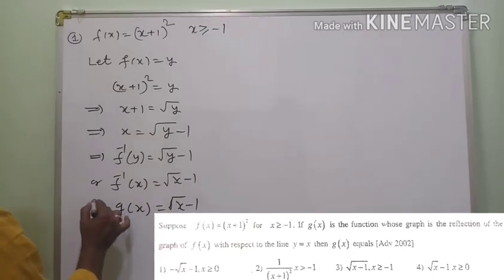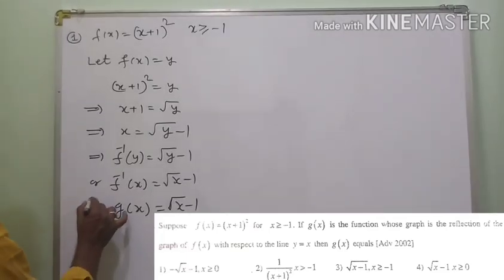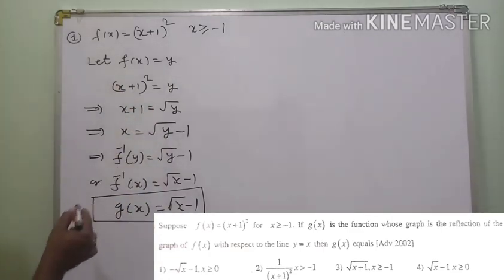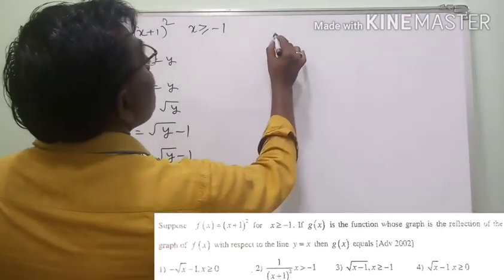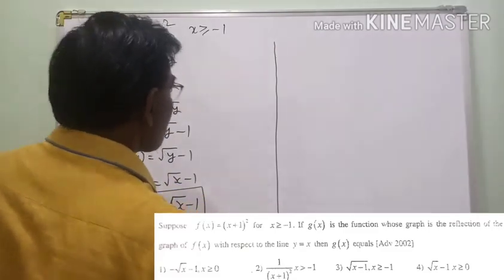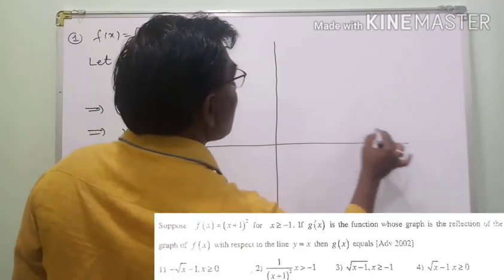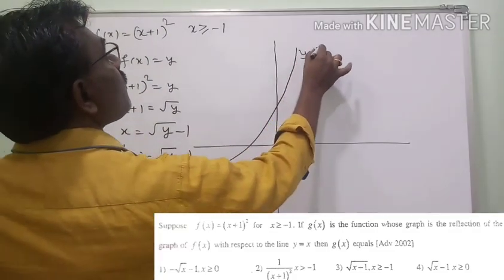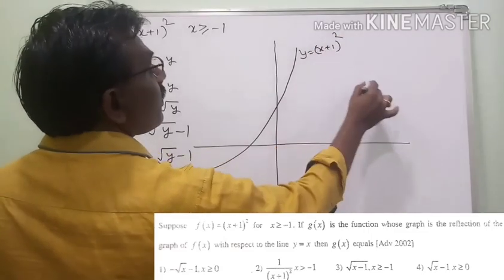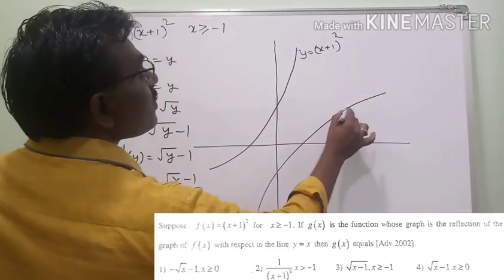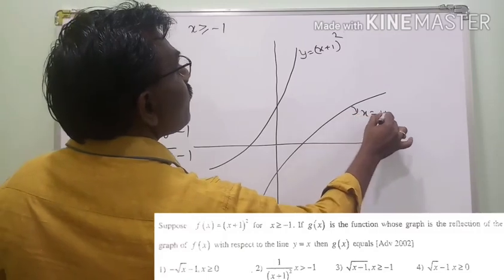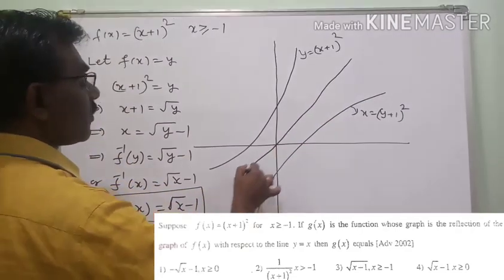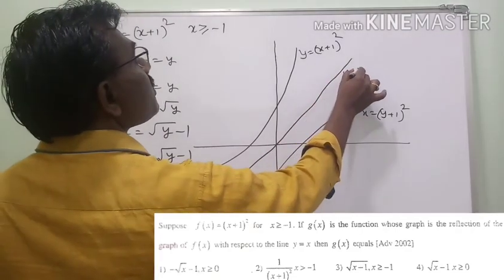I think this is called g of x, root x minus 1. This is the reflection of f of x in the line y equal to x. Here x-axis, y-axis, and this is y equal to (x plus 1) whole square, and the graph will come, this is x equal to (y plus 1) whole square, and the line through the origin is y equal to x.